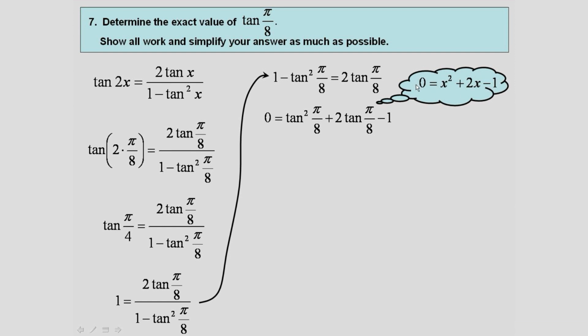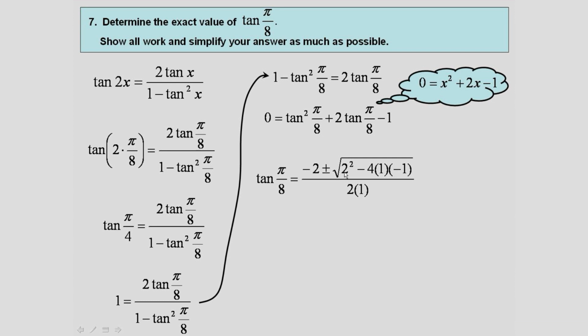If we were to solve this equation here where it doesn't factor, we could use the quadratic formula, okay? Now, we got to watch out. If we were to solve this using the quadratic formula, we'd be finding the value of x. In this expression, though, we're not finding the value of x. We're finding the value of the thing that's in place of x, which is tan pi over 8. So when we use our quadratic formula, we're actually finding the value of tan pi over 8.